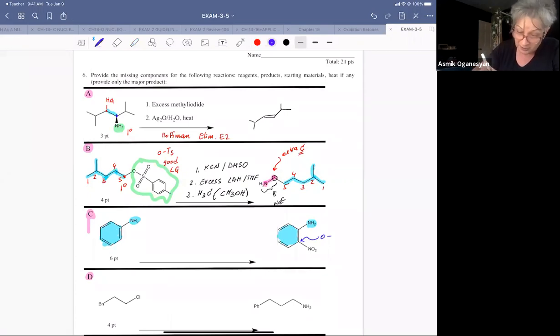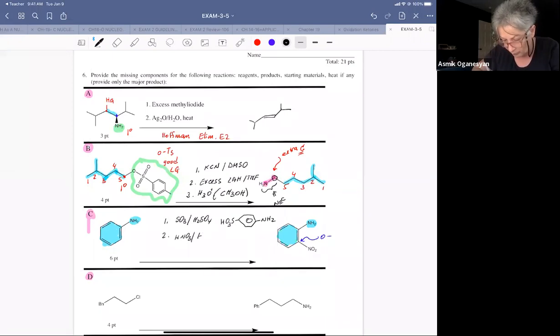So in the first step here, I would put a protecting group, sulfonate the compound. That's my fuming sulfuric acid. Second step, and let's put that product here so you guys will be able to see it. In the second step, I'm going to add nitric acid, catalyzed with sulfuric acid.